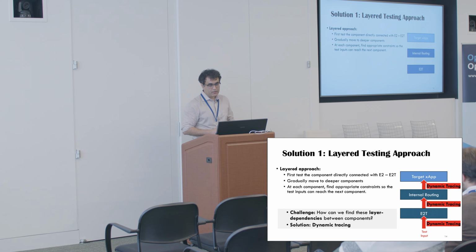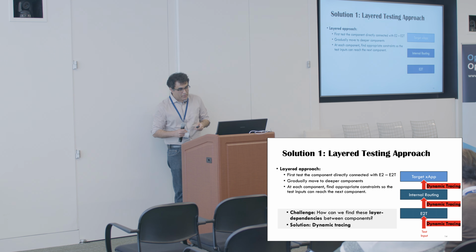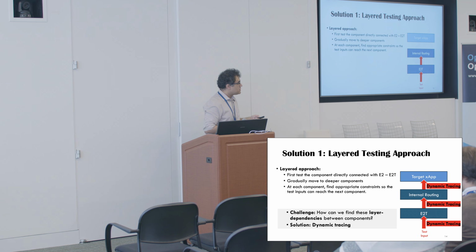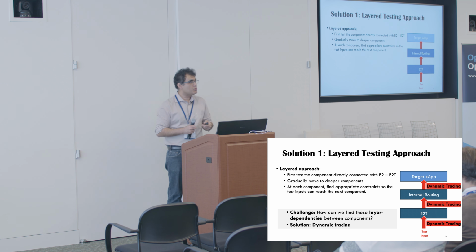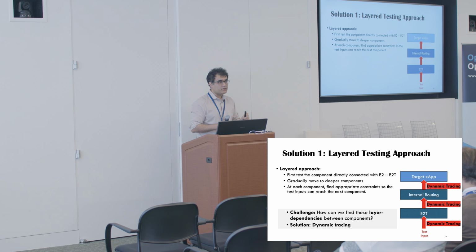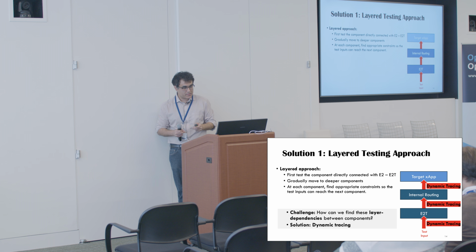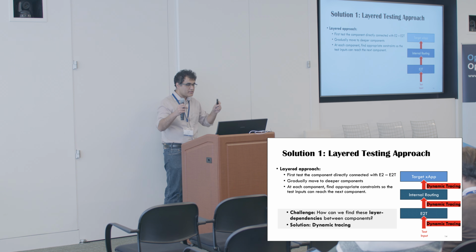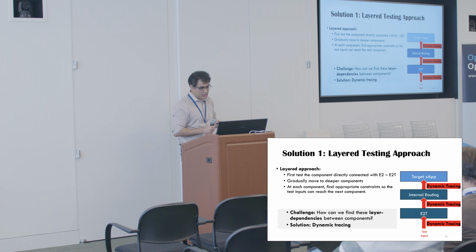But the problem is that the dependencies among the components are not well defined. They are left for vendors to define by themselves. So, different implementations have different components and different dependencies.